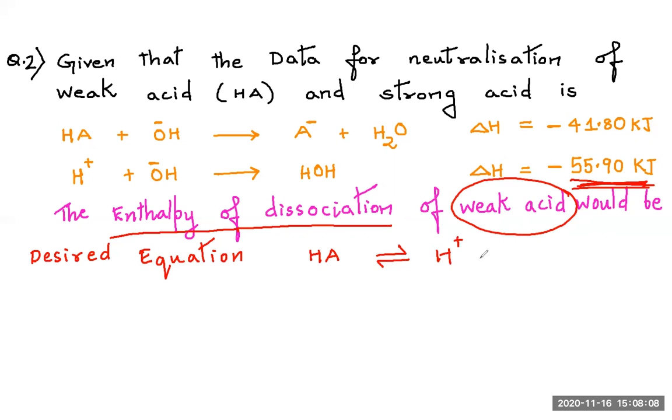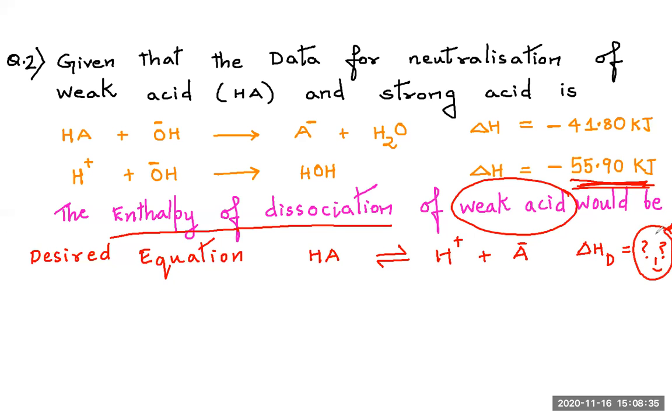You have to give reversible arrow in your equation, not a single-headed forward arrow, that's all. Since it's weak, it will be feeble dissociation. Now I want to find the delta H of this desired equation. So what to do?